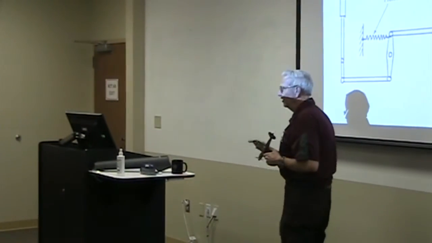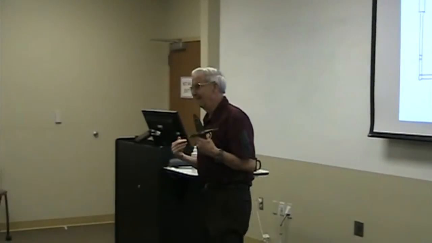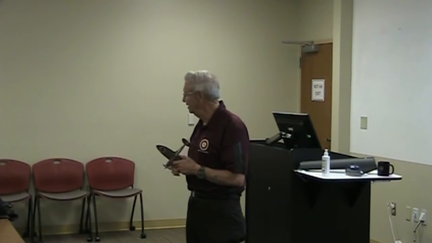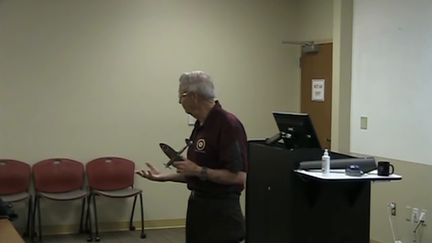You're going to have to deflect it more. Well, then, above trim, that trim tab's going to dig in. So below trim, you're working against the spring. Above trim, you're working against the aerodynamic force created by the trim tab. Does that make sense?